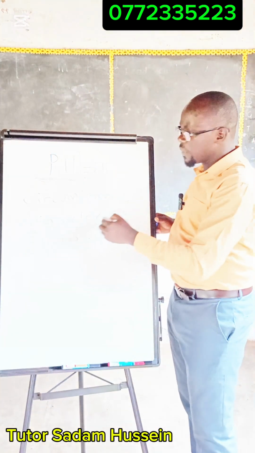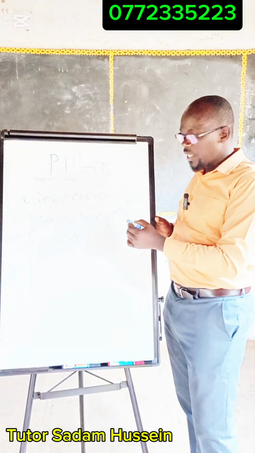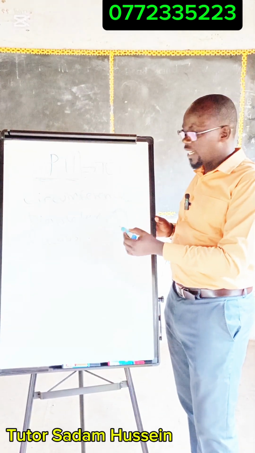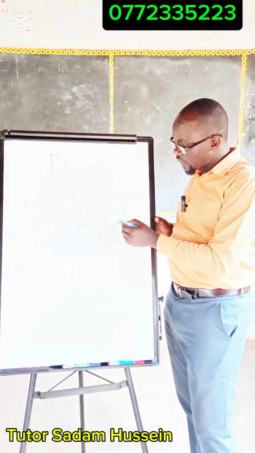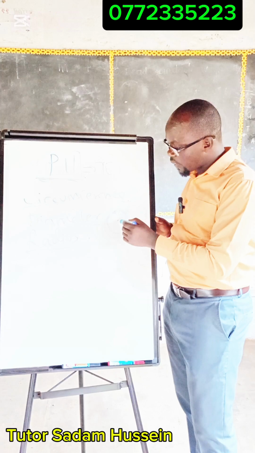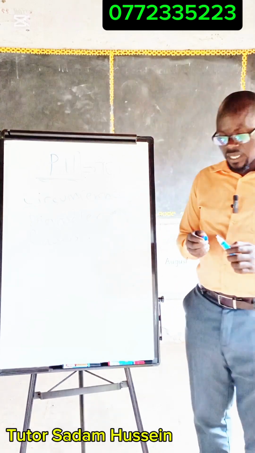Now, diameter. Diameter is the longest line segment that passes through the center and lies on the ends of the circle. For example, if this is our center, this line segment that runs from here to the end through the center is what we call the diameter.